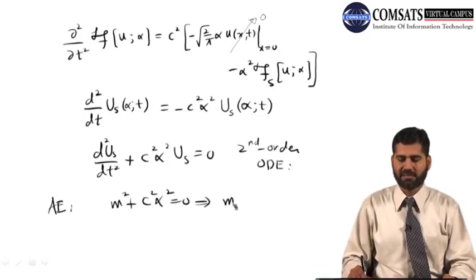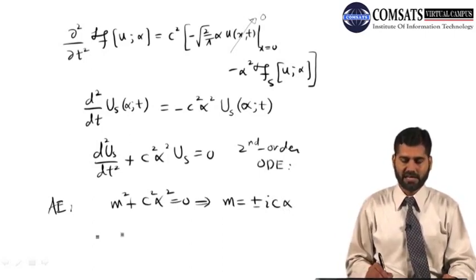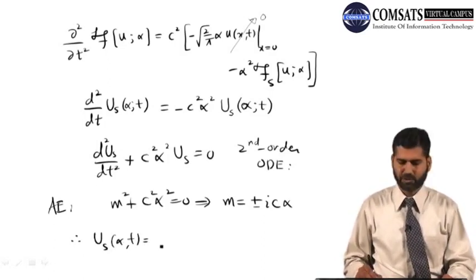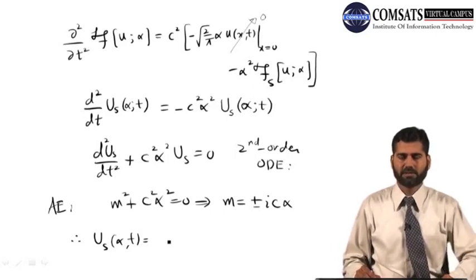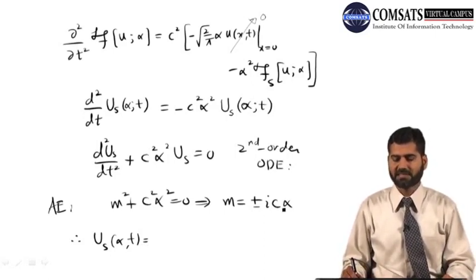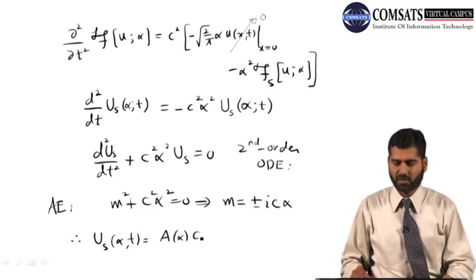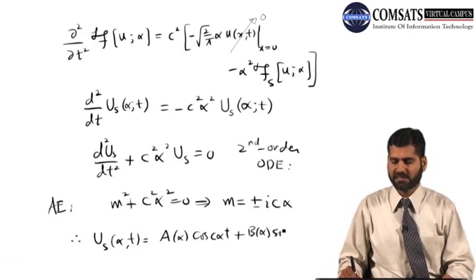So this implies that m is equal to plus minus i c alpha. So again, either you can write in terms of cosine and sine or e to the power, whatever you want. So therefore, U_s(alpha, t) is equal to, it's pure imaginary, i c alpha, no real part, so a constant times cosine(c alpha t) plus another constant times sine(c alpha t).